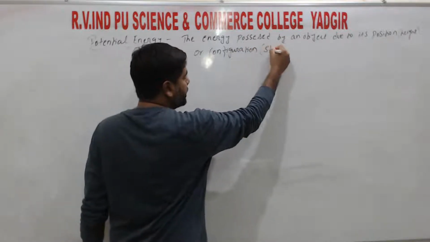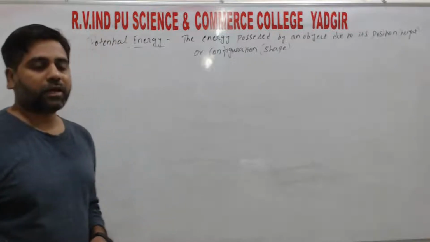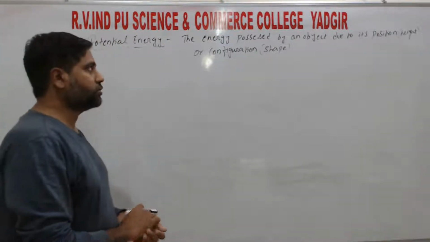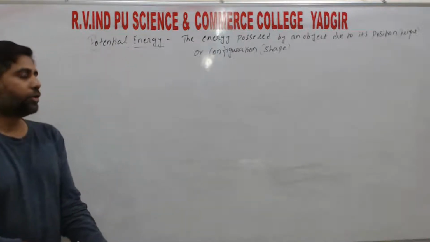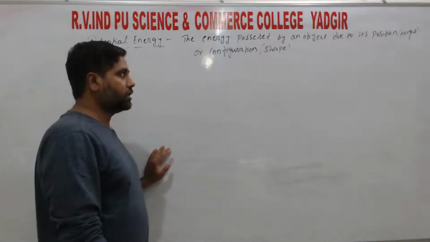Configuration means shape, so it also depends on the shape of the object. What is potential energy? It is the energy possessed by a body due to its position or due to its configuration.